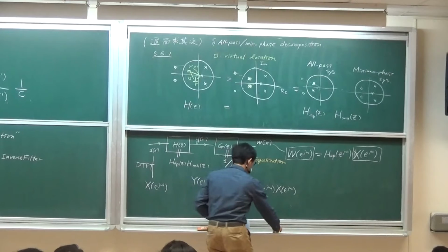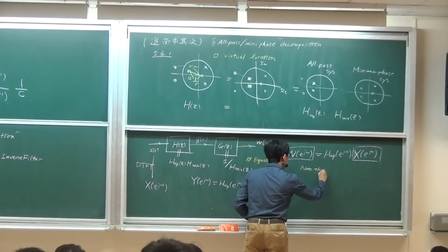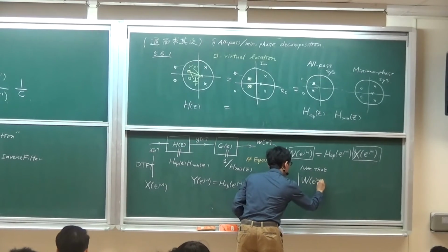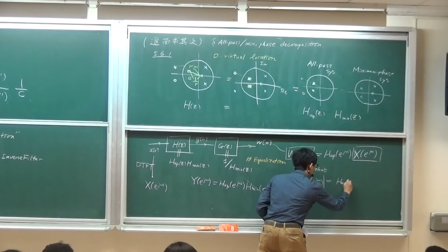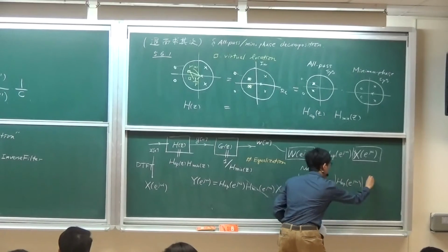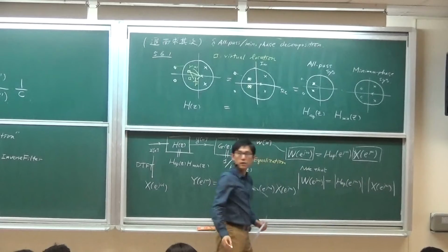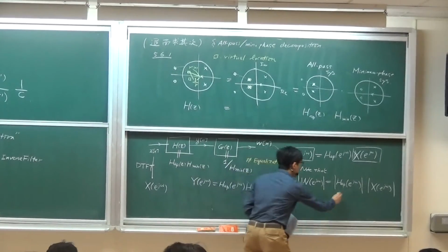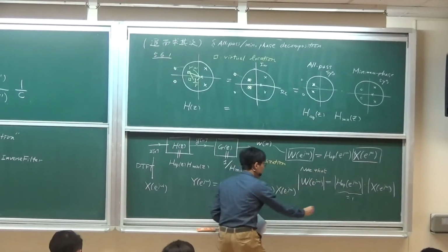And this is simple enough because note that the magnitude spectrum is going to be the magnitude response of an all-pass system times the magnitude spectrum of the original input, and since this thing here is 1, that's a fairly simple result.